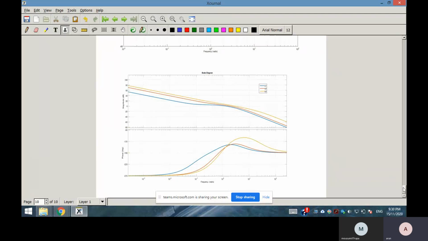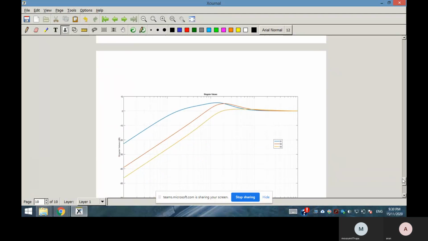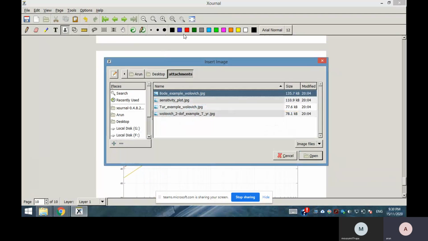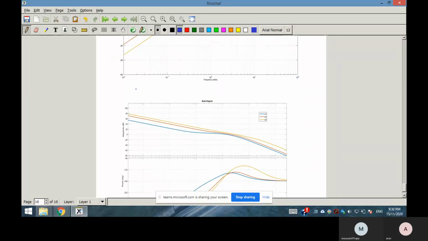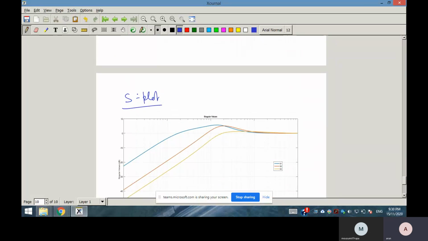Okay, so now this is your sensitivity plot, the S plot, and this is your L(j omega) plot.